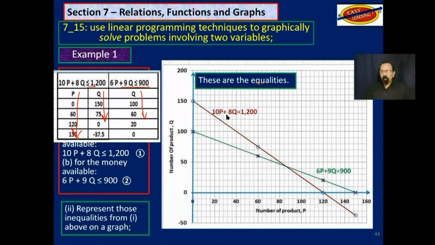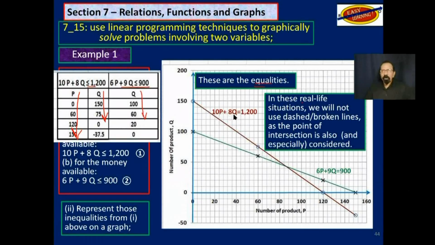These are the equalities. In these real-life situations, we will not use dashed or broken lines, as the point of intersection is also especially considered. In other words, the points at the line are also very important. As a matter of fact, more important than other areas.